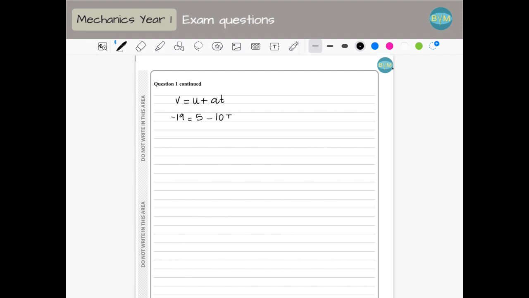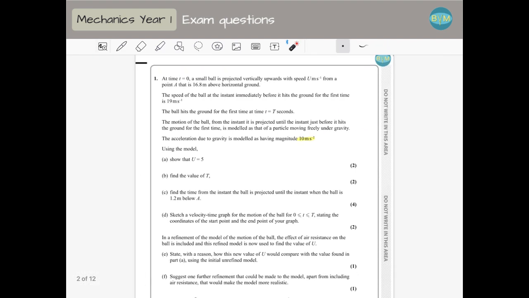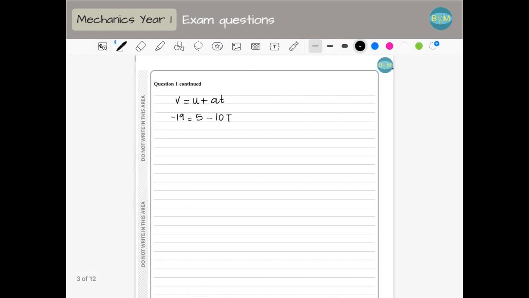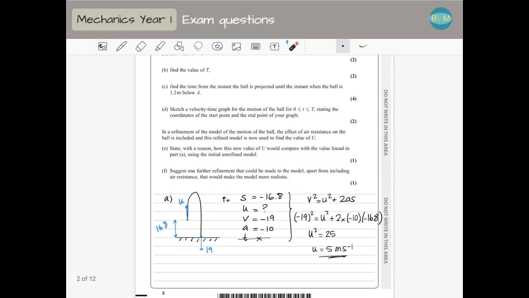I'm going to use the same numbers that I'm using here, and from here, t is going to be minus 19 minus 5, which is minus 24, divided by minus 10, 2.4 seconds. And that's the total time of flight, so from here to here.